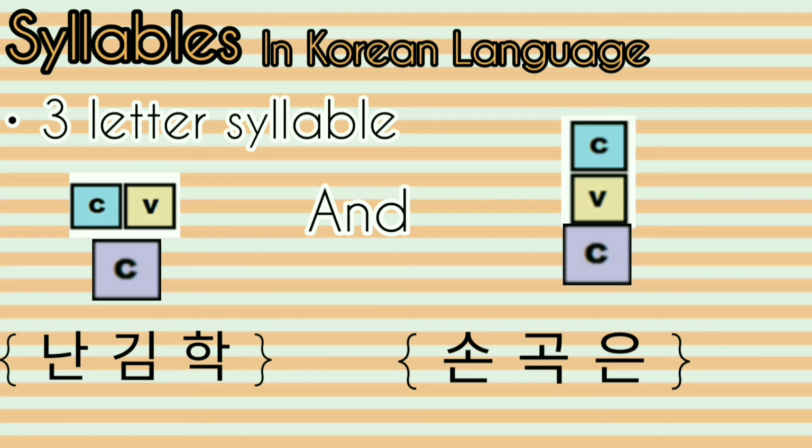The consonant we have put below the combination of two letters is called the final consonant, and this final consonant can either be a single consonant or a double consonant. If it is a single consonant, it is obviously a three-letter syllable, and if it is a double consonant, then it consists of four letters.